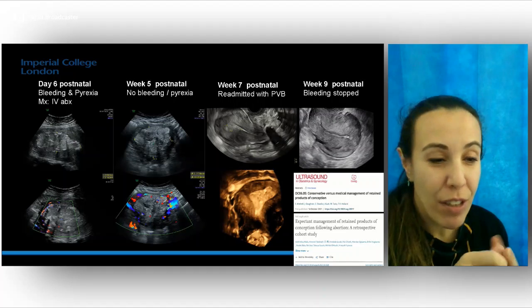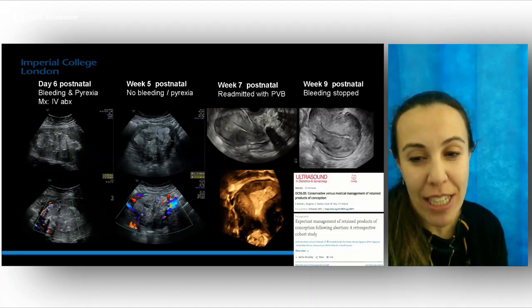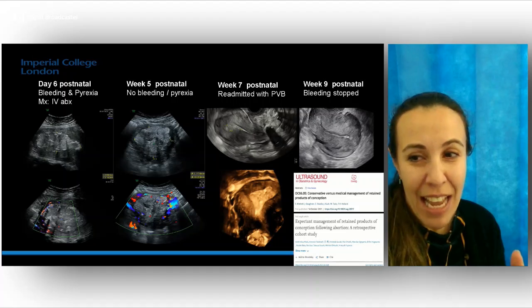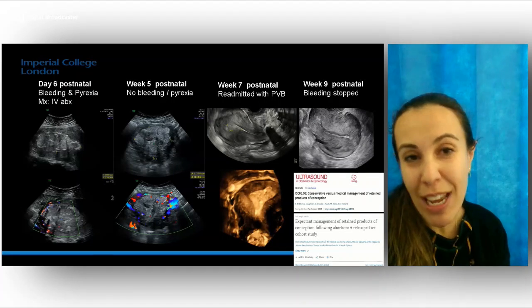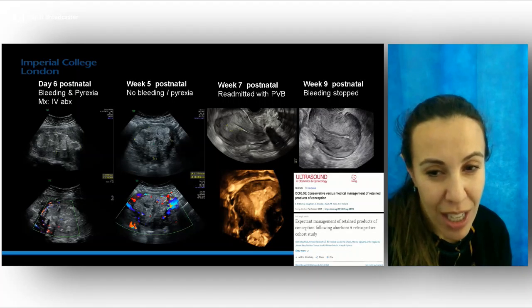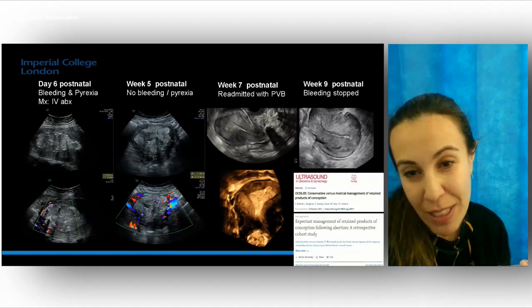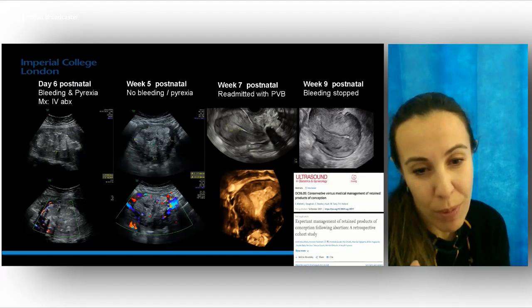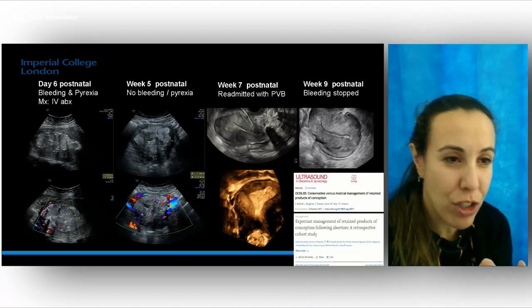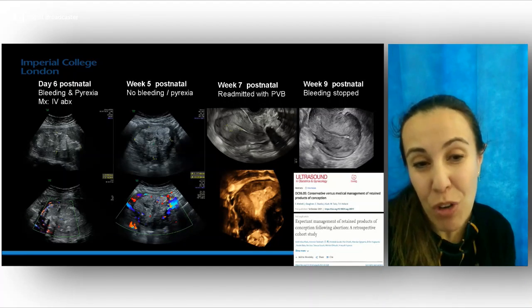I guess the other factor, and increasingly, Prof. Bourne made the point about people being concerned about intrauterine adhesions. And really there's very little data about which patients with retained tissue will go on to develop uterine adhesions. The suggestion, as you rightly said, Alex, is that they could be associated with those who undergo hysteroscopic resection, but could those patients already be on the more severe end of the spectrum, having needed to go through that procedure? I think we don't know.